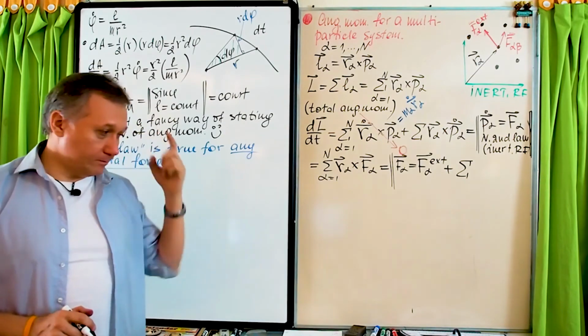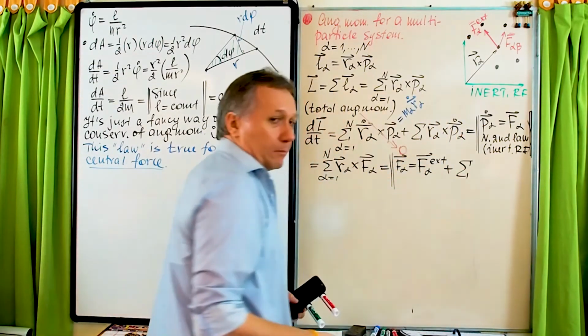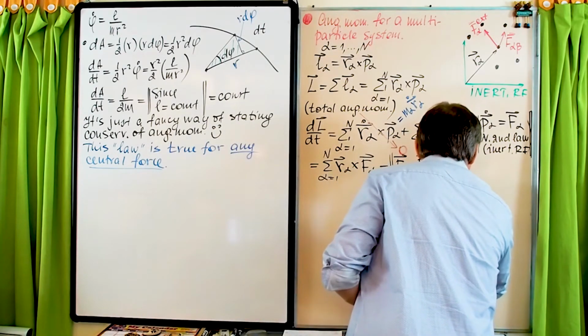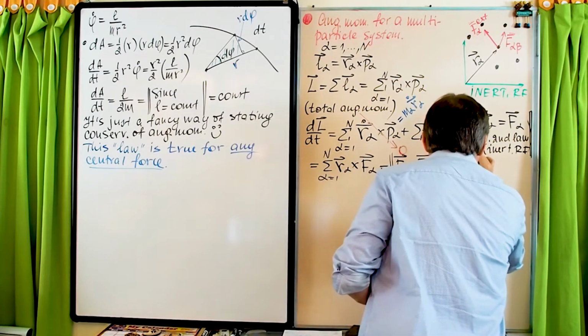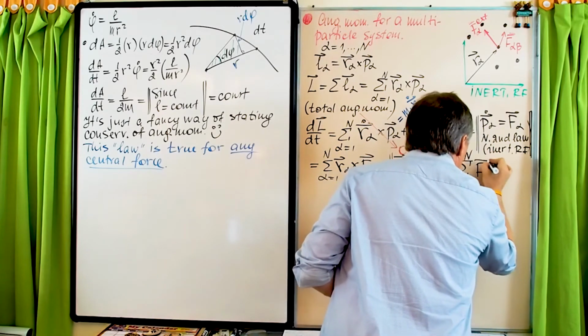The summation will be over beta, beta from 1 to n, of F on alpha from beta.